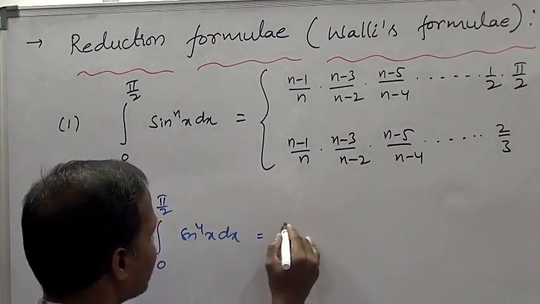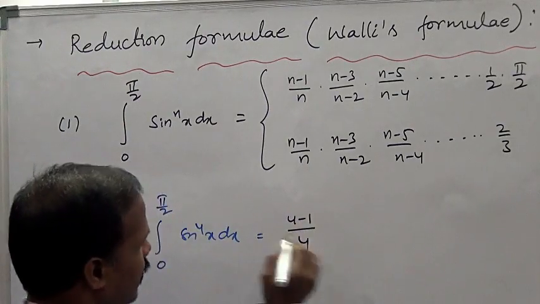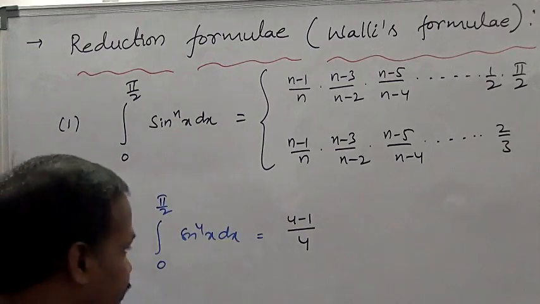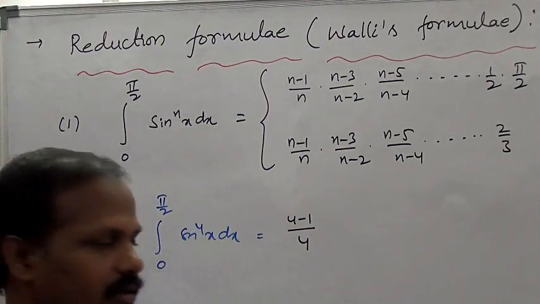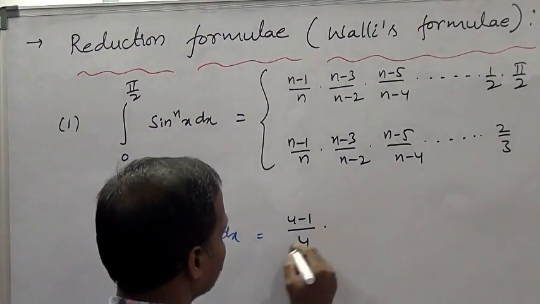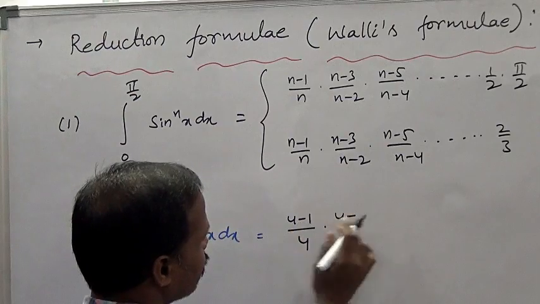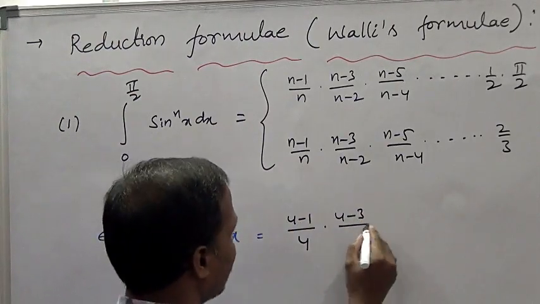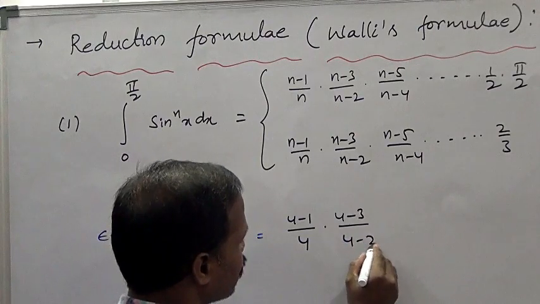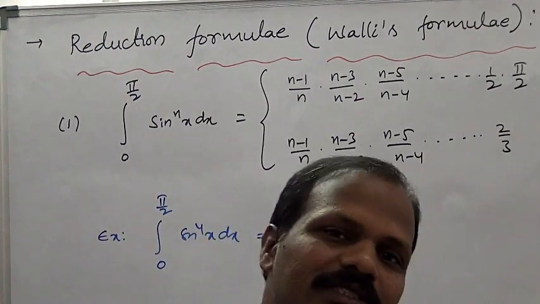So n minus 1 means 4 minus 1 by 4. Then subtract 2 from the numerator and denominator successively, so 4 minus 3 and 4 minus 2.